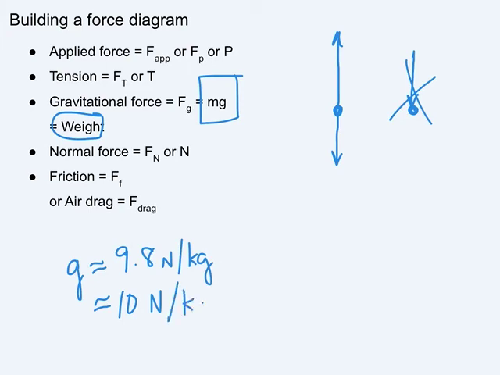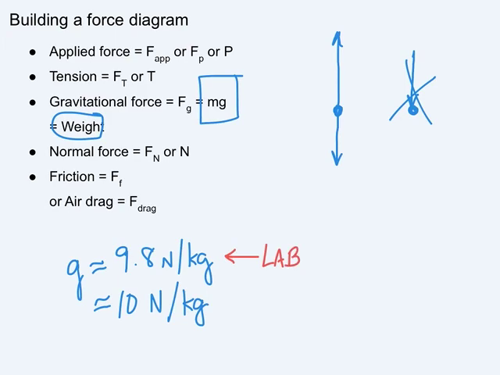There's no need to be that accurate when we're just practicing a skill. But if you're working with a lab situation, you're trying to measure up to a certain value, then you want to use that 9.8 value instead.